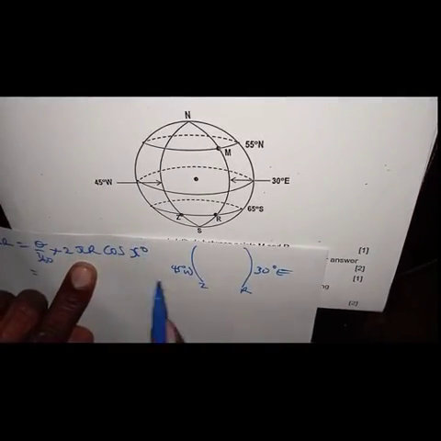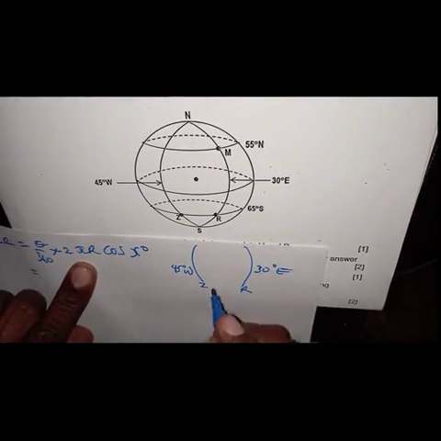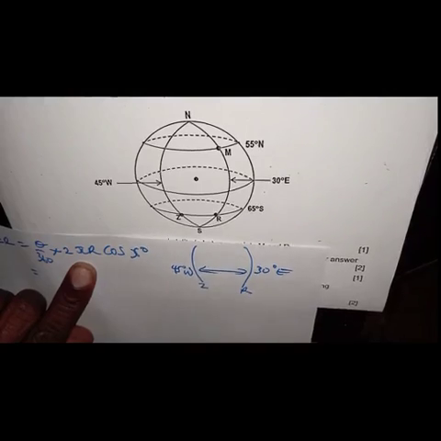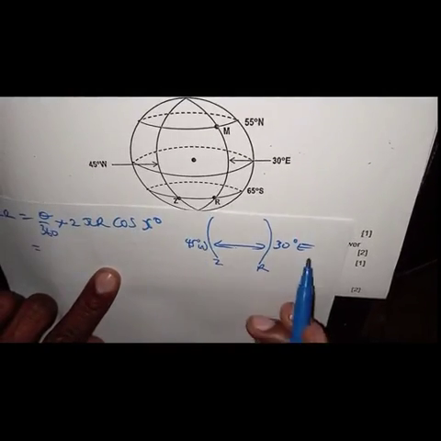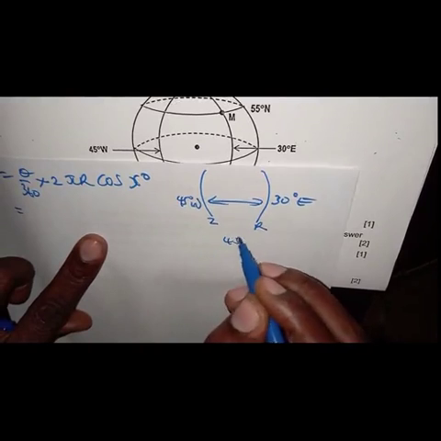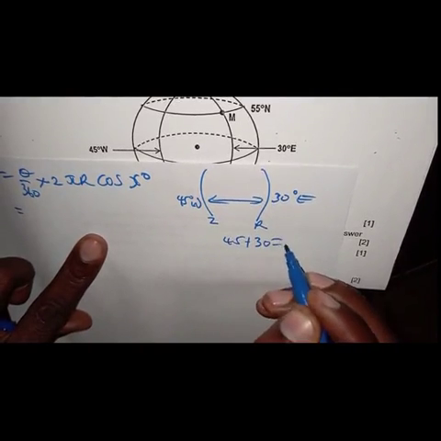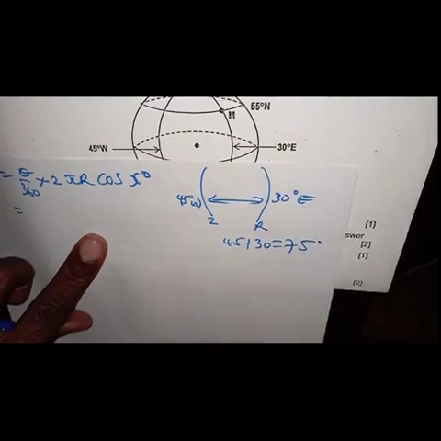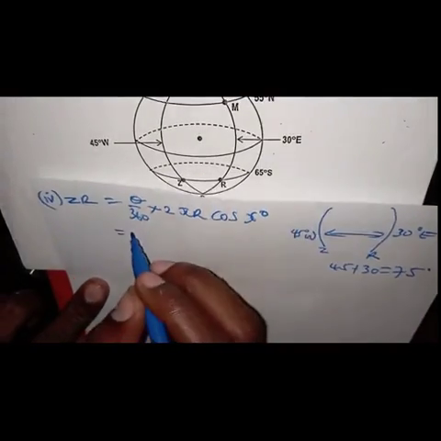So they want us to find the distance. They are at different locations, so you add 45 plus 30, you get 75 degrees. So that 75 degrees is what you put here.